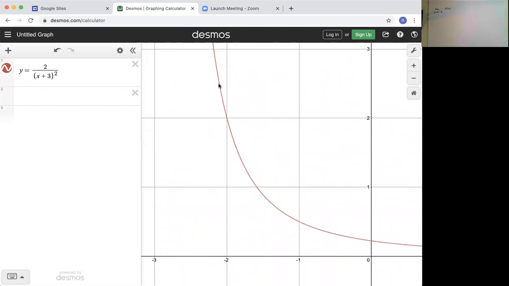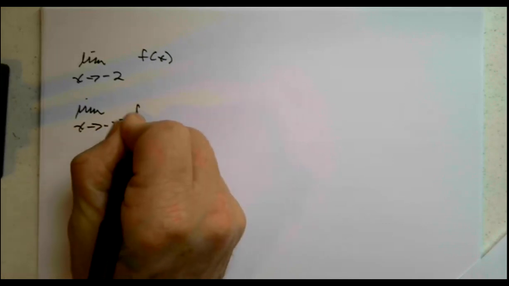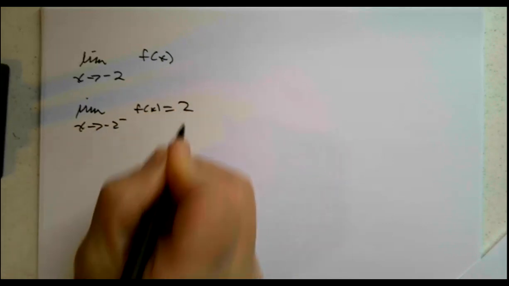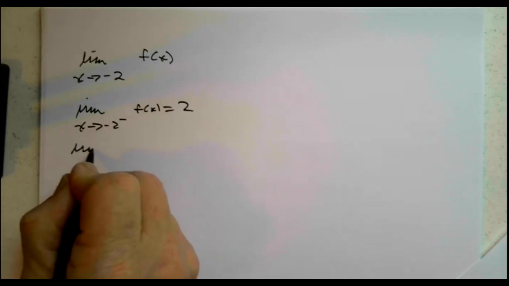We're approaching -2 from the left. It looks like the y value is getting closer and closer to 2. As we approach -2 from the right side, the y values also seem to be getting closer and closer to 2. So looking at our picture, the limit as x approaches -2 from the left of f of x looked like it was getting closer and closer to 2.